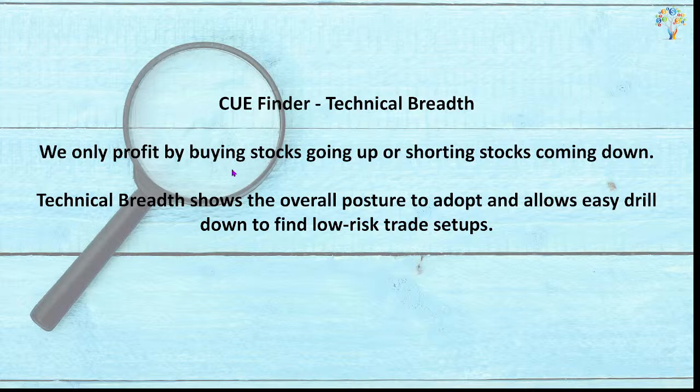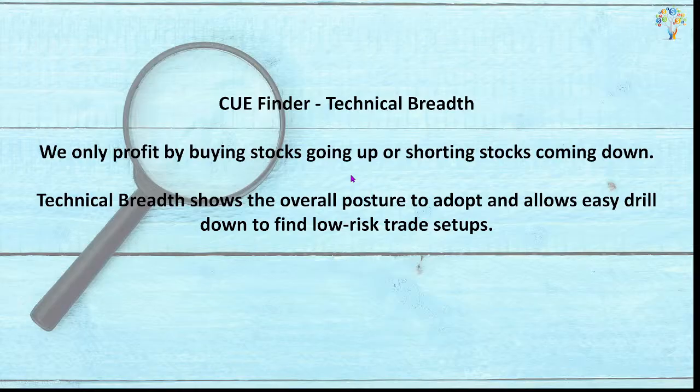That's why I stick with them. I don't usually take neutral trades like iron condors. Technical breadth shows the overall posture to adopt and allows easy drill down to find low risk trade setups.